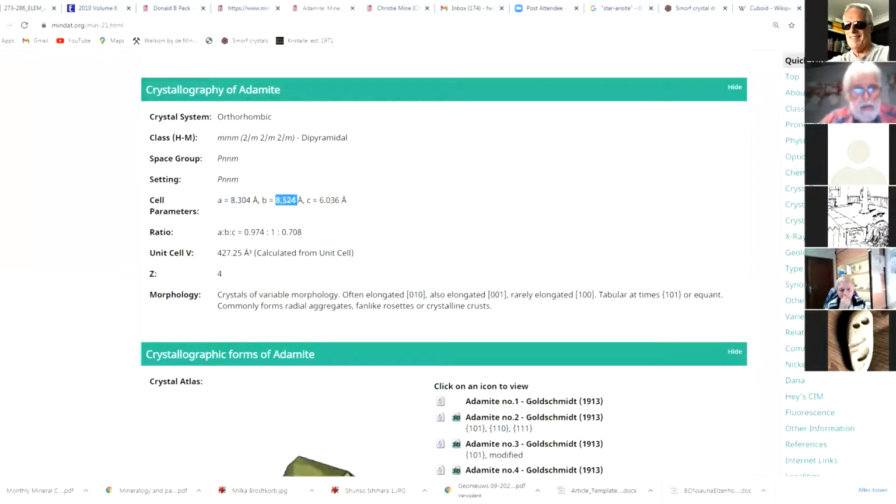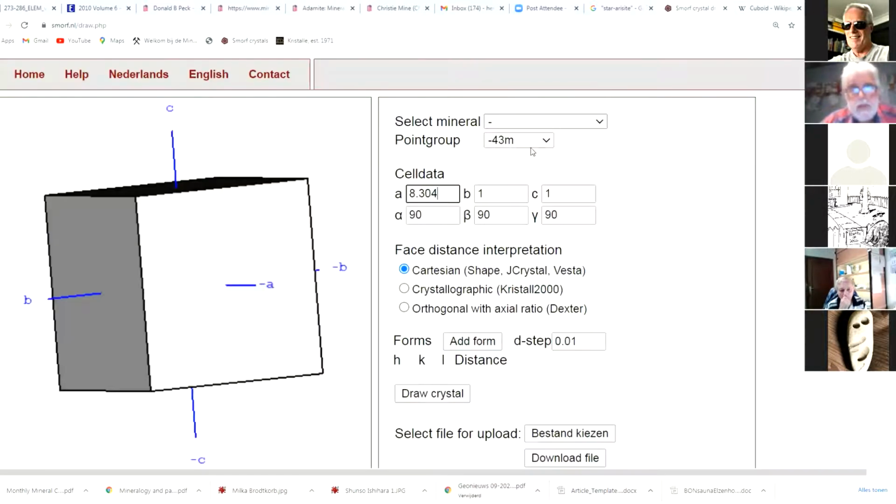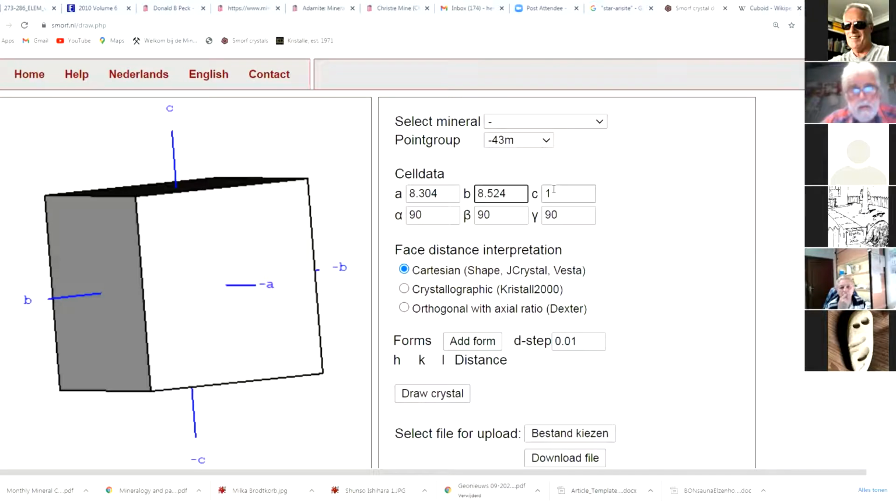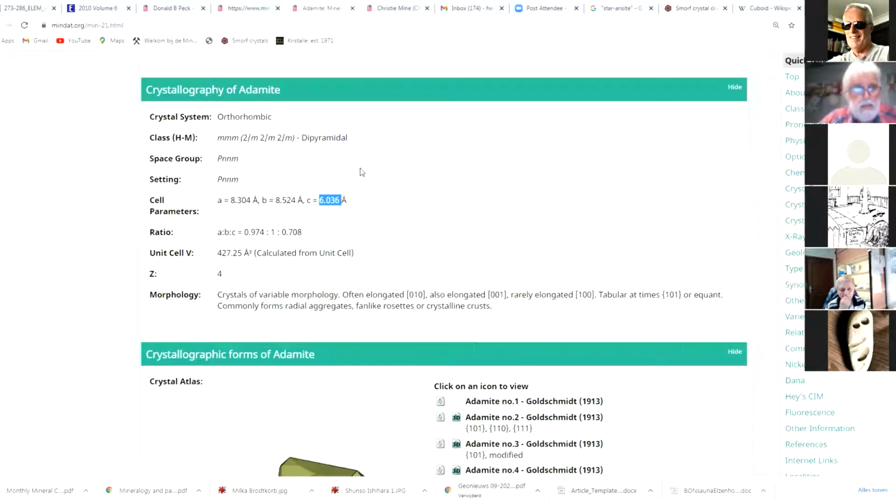So I take the 3 values here and put them in Smorf. And the 90 degrees is correct since it's orthorhombic. There aren't any angles specified here because orthorhombic by definition has 3 crystallographic axes that are perpendicular to each other.